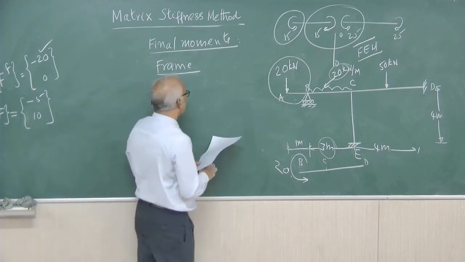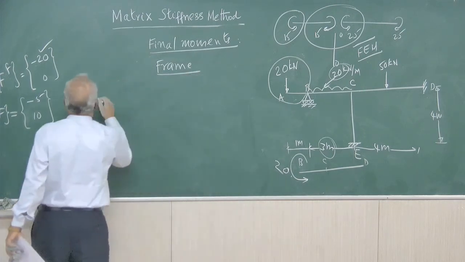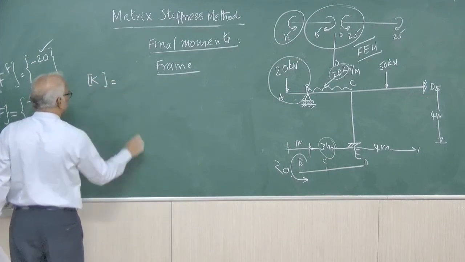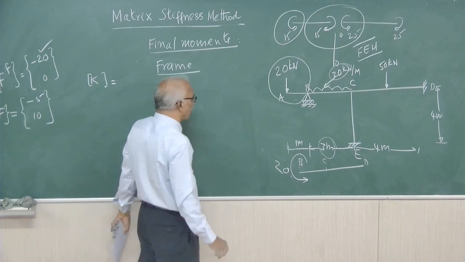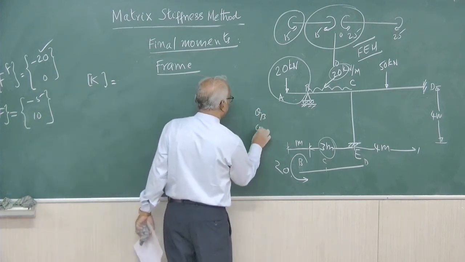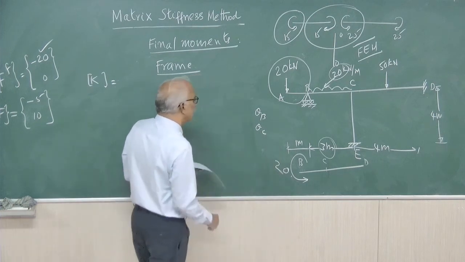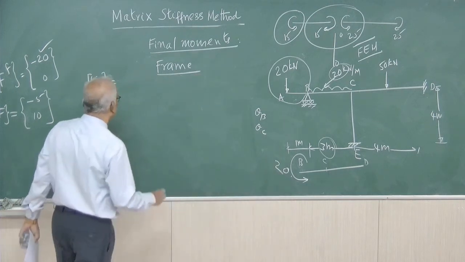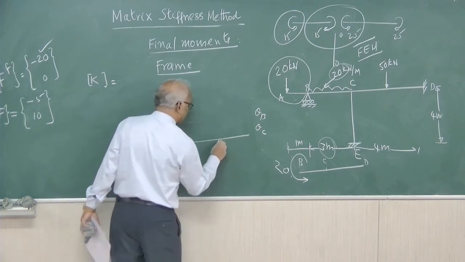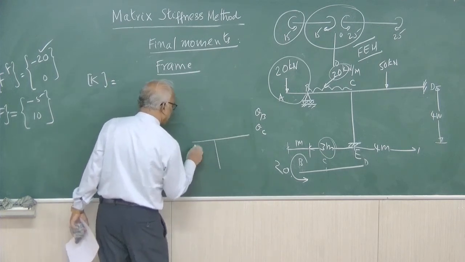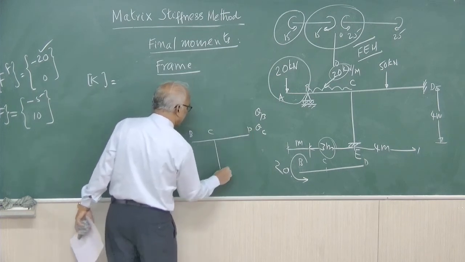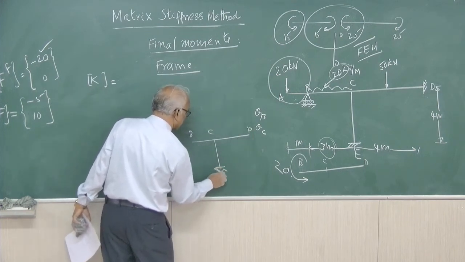Then we have to get the K matrix, the system stiffness matrix K. So here again there are two coordinates, theta B and theta C. We have to apply one displacement at a time. So we have forgotten that of the overhanging part, we consider only B, C, D, E. This is fixed.